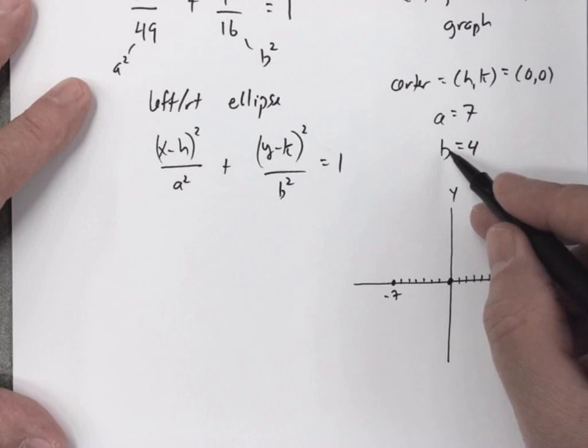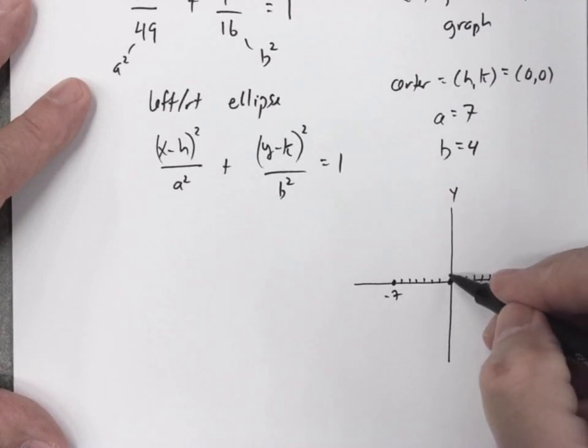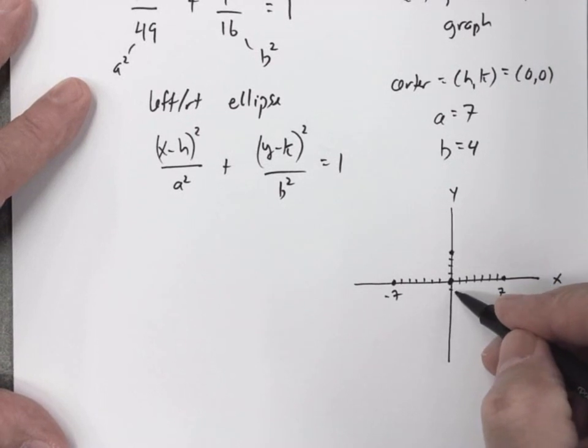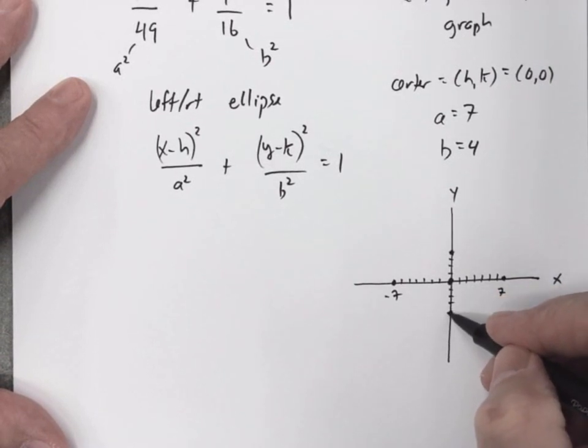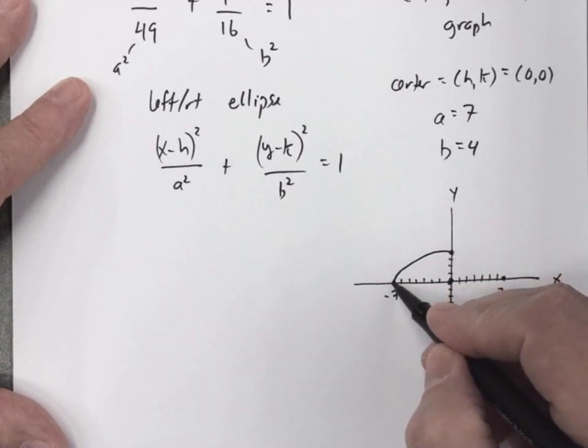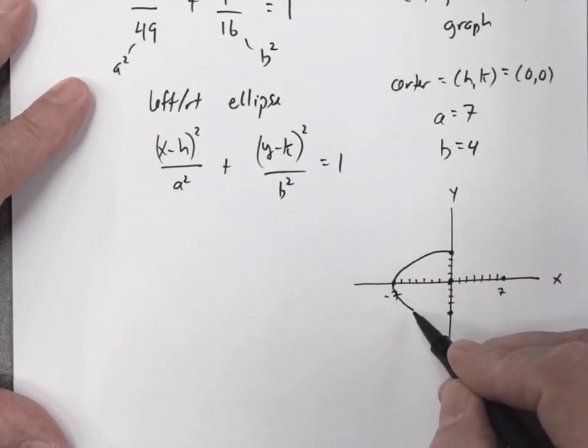And then the minor vertices, since b is 4, move up 4 and down 4. So the ellipse looks something like this.